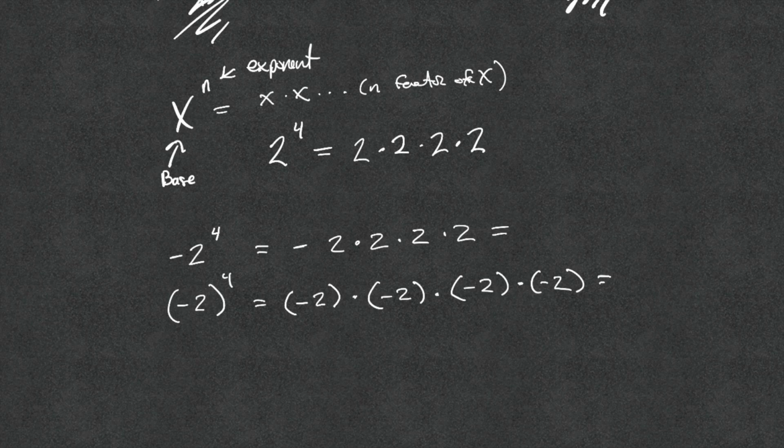Now, just looking at the signs, do you see what happens here? This answer is negative, and because there are 1, 2, 3, 4, this answer is positive.